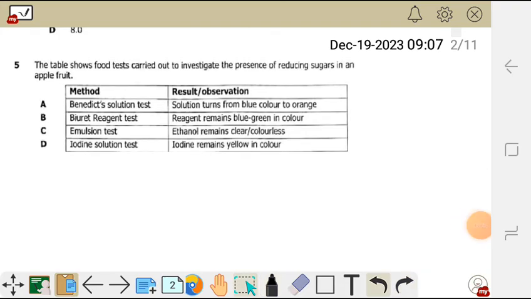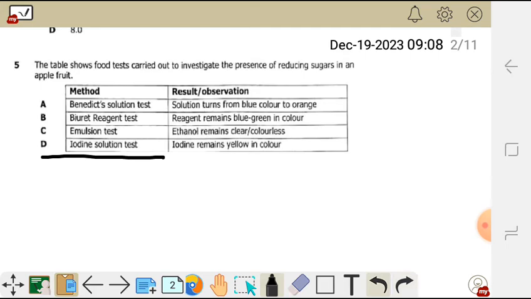So A, the Benedict solution test, and the result is the solution turns from blue color to orange. Then B, biuret reagent test, and the result is the reagent remains blue green in color. And C, emulsion test, where the ethanol remains clear and colorless.